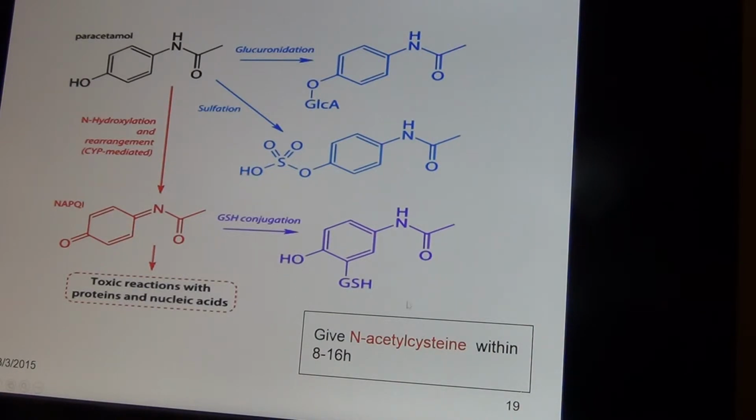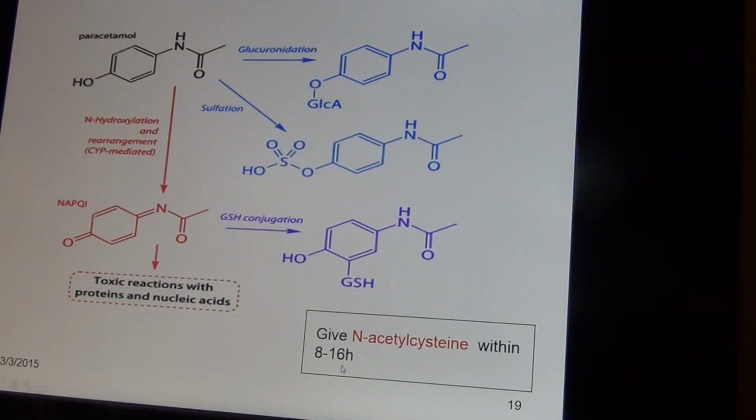So to treat this, we will usually give N-acetylcysteine within 8 to 16 hours of paracetamol overdose.